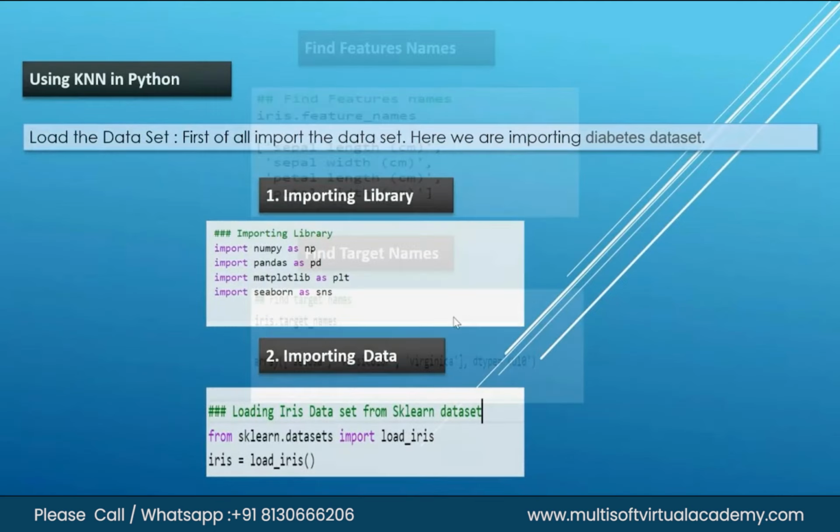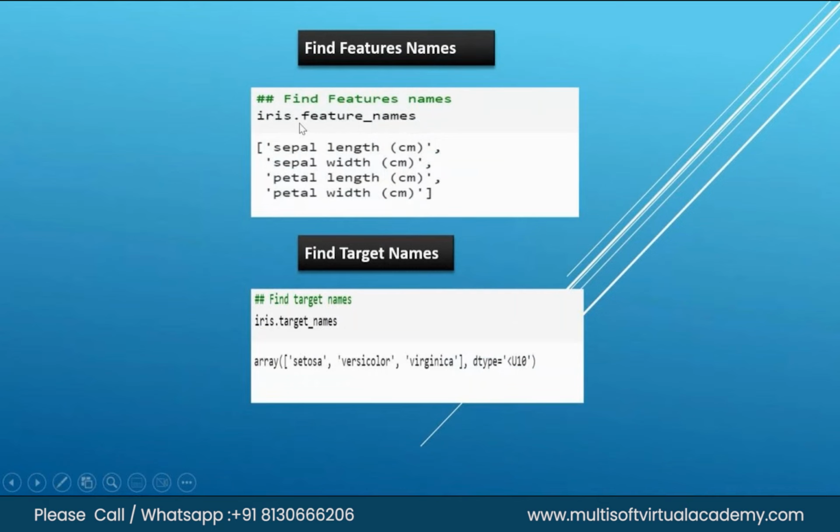Importing the data means you can now see how your data looks. In this data we can see four types of length and four types of width. So the data has something in the form of length and width, and we want to classify into three classes. We have data, and we also have classes.